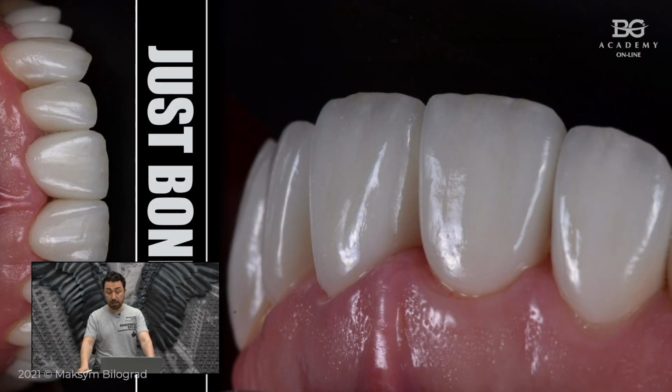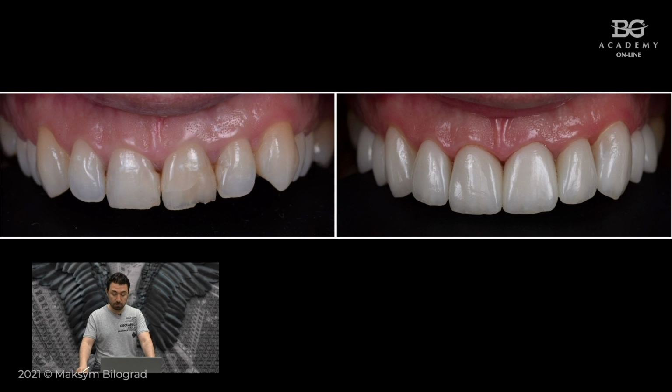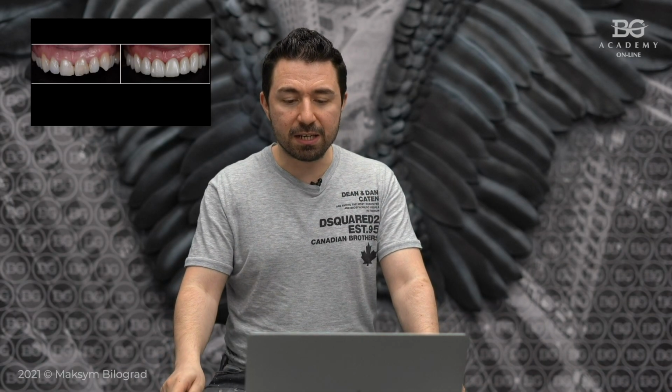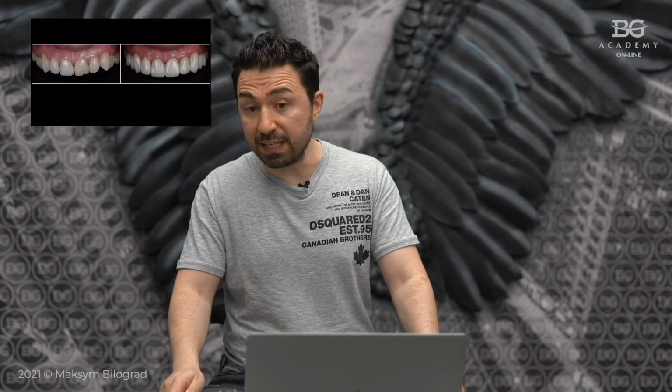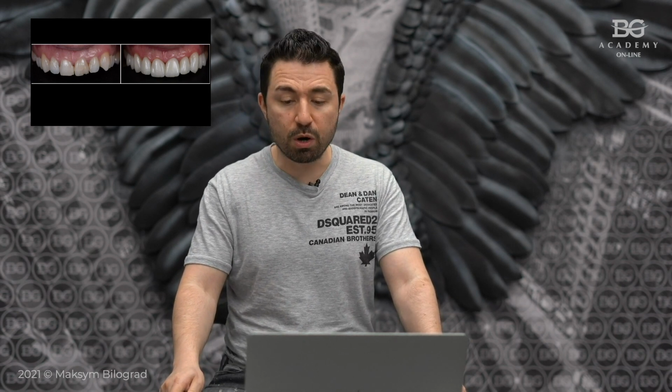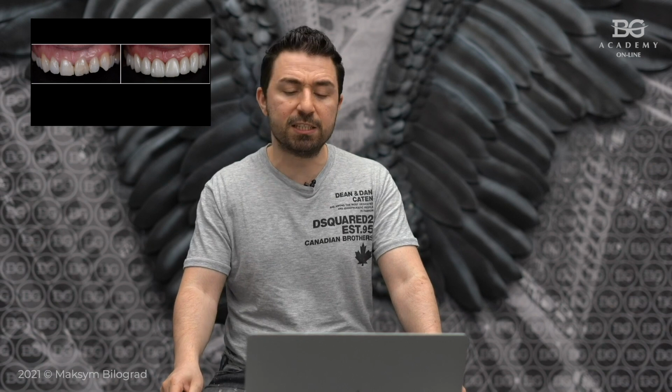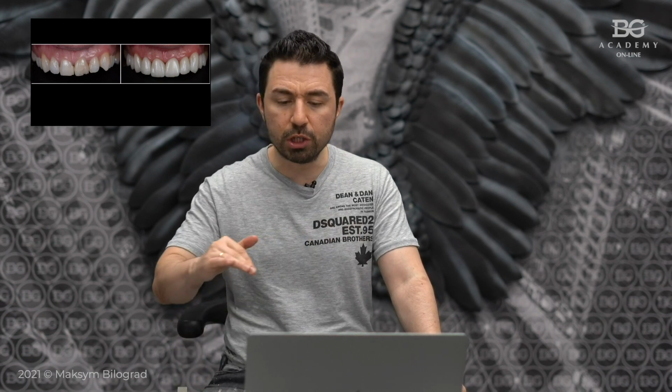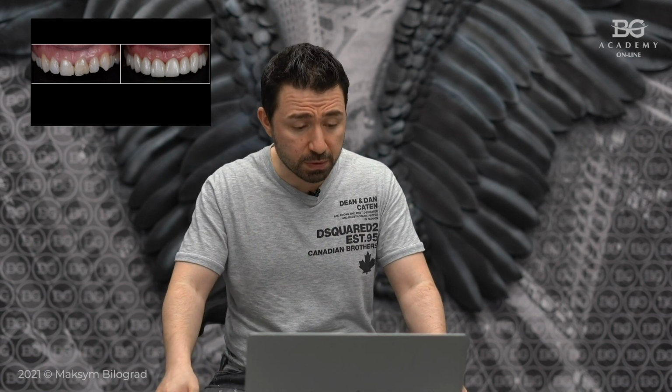Here is after bonding, and before and after treatment. By planning that kind of interesting case in a precise way, analyzing the position of teeth and the possibility to be additive, we can do some interesting and conservative workflows with veneers in the case when the patient absolutely refuses orthodontic treatment.